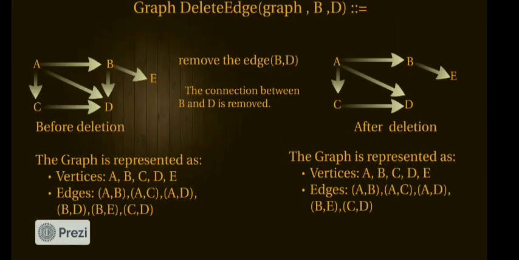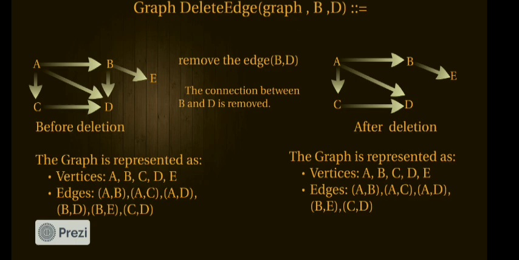Now let's get into the second function, that is graph delete edge of graph, v1, v2, which are replaced here by B and D as the example. It returns a graph from which the specified edge has been removed. So if we want to remove the edge B, D, then the connection between B and D is removed.